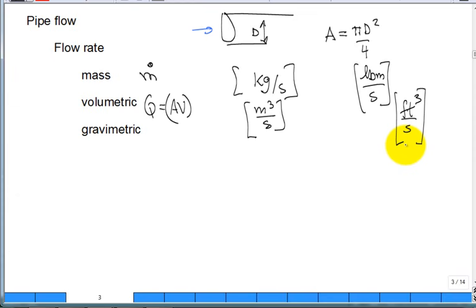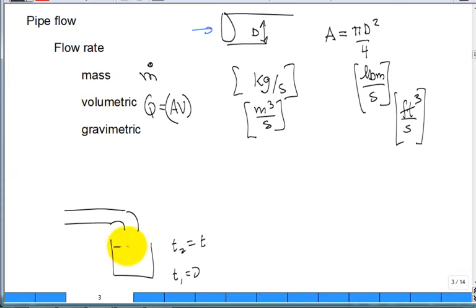Actually, this makes a lot of sense if you had a pipe and you were able to divert all of the flow into a container and then have a stopwatch and start at time 1 equal to 0 and stop it at time 2. That's how much time went by, and it filled this up. You would then probably put it on what we call a scale, and that scale would measure basically the mass, or it would measure the weight depending on how it's set up.